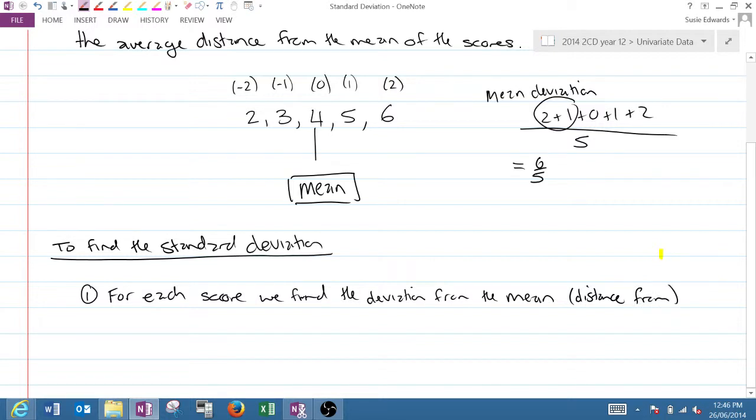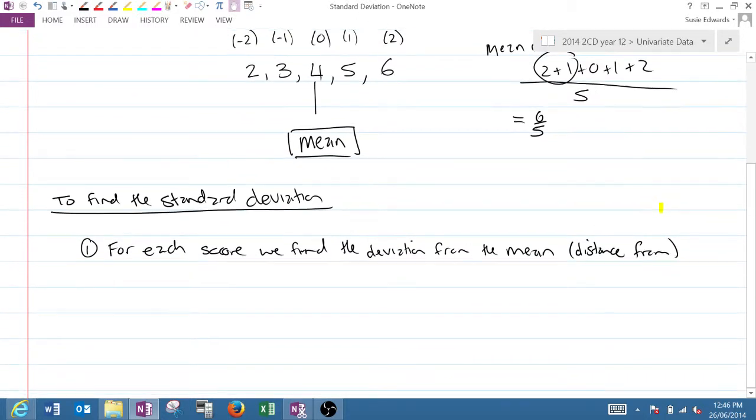You guys should be writing this down. So for our example up there, we had -2, -1, 0, 1, and 2. Those are the deviations.